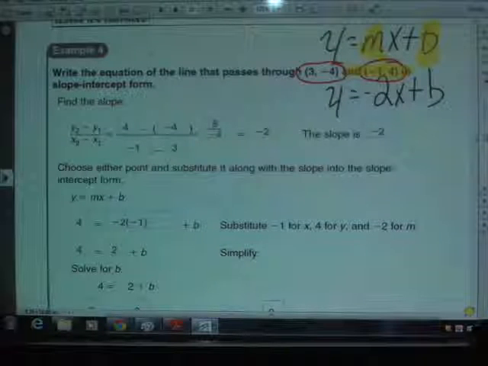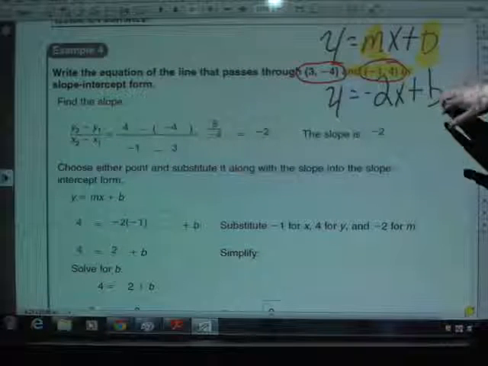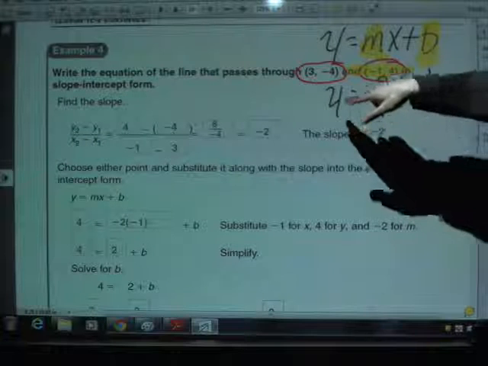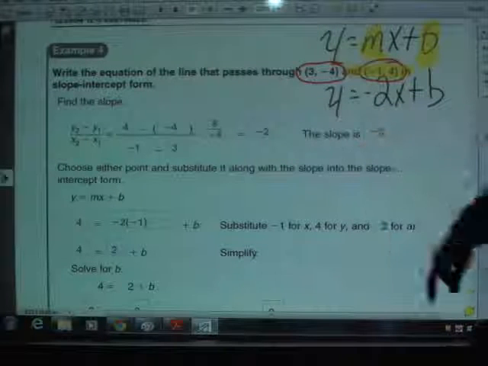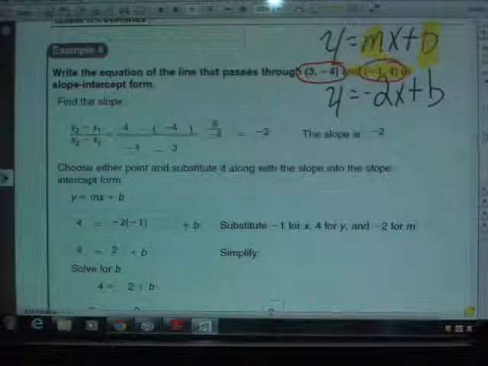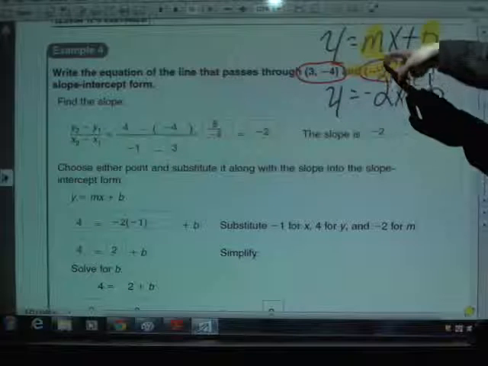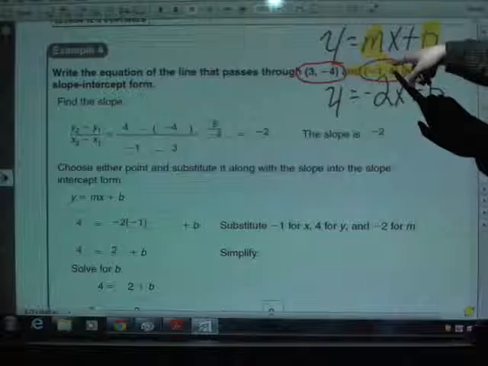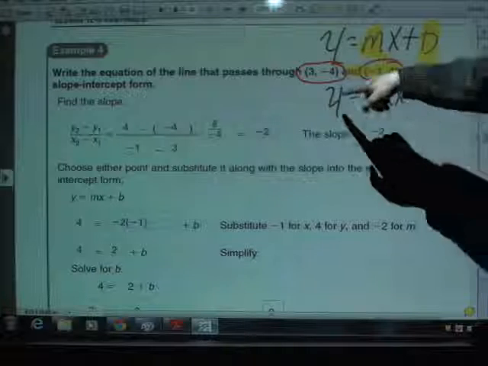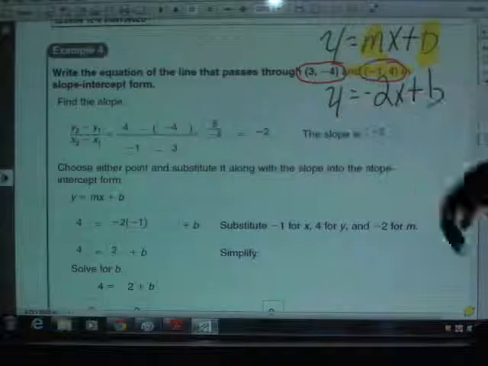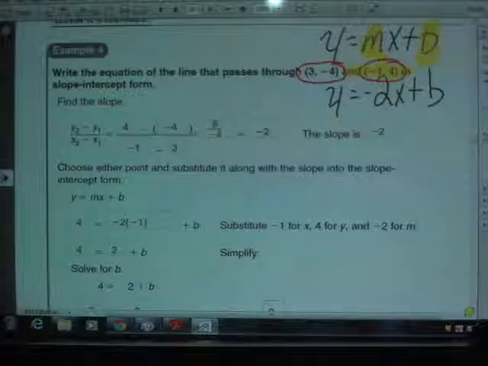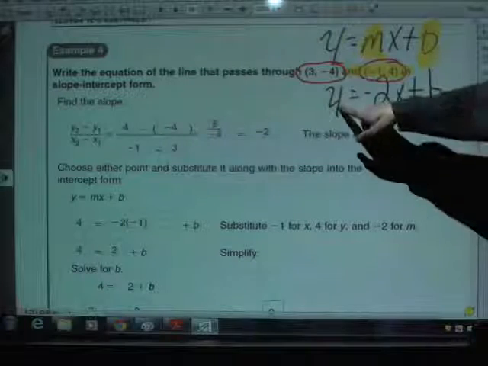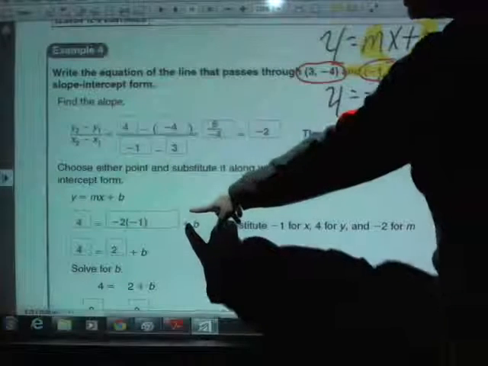You're going to go into this equation and change x into -1 and y into 4. Remember, a point is always x, comma y. So this is an x value and this is a y value. That works out great because my equation has an x and a y in it. So I'm going to plug those in for x and y, which is what you see they do right here.